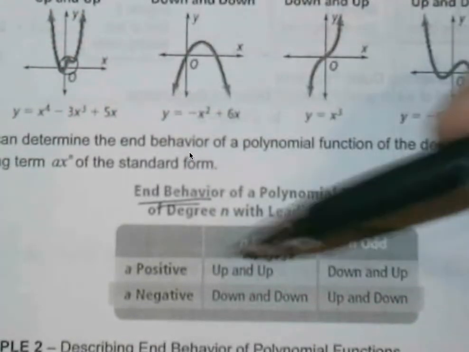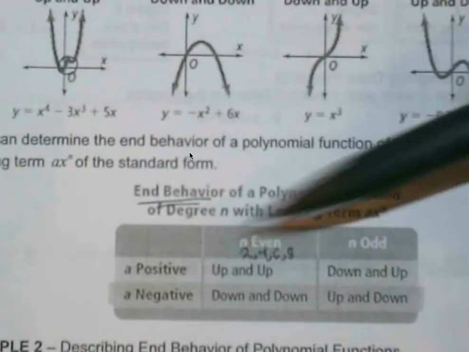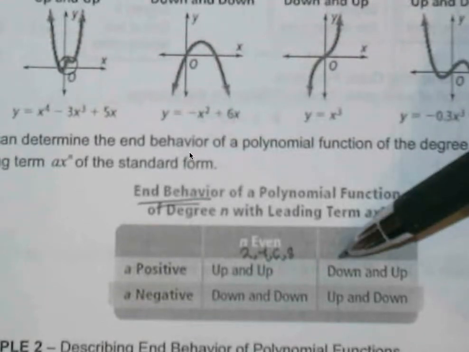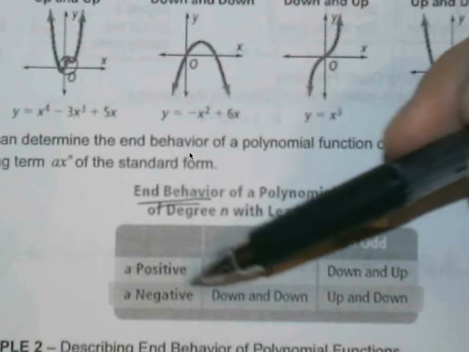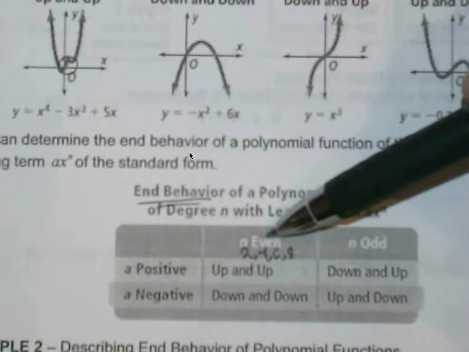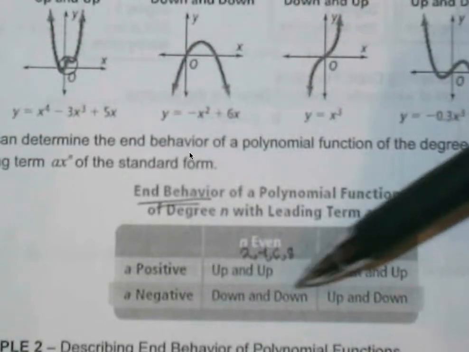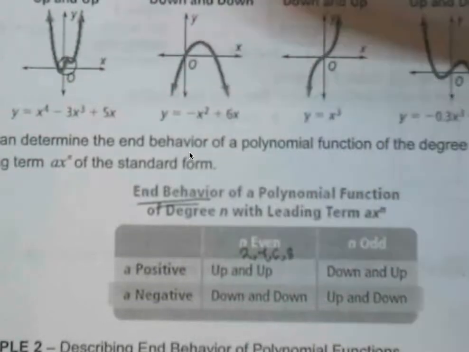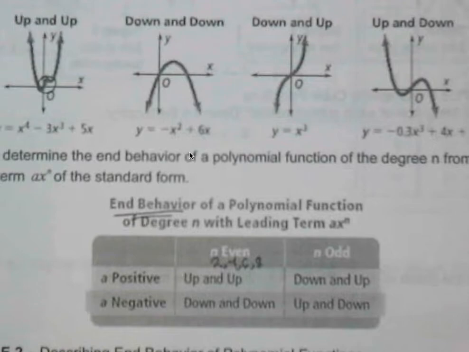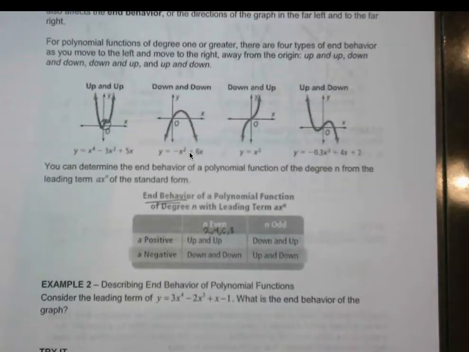Whereas if we have a positive coefficient but the exponent's odd, this is going to go down and then up, just like this. If we have a negative coefficient but an even exponent, we're going down and down. If we have a negative coefficient and an odd exponent, this is going up and then down. So you can use these visuals and use this table as we move forward.